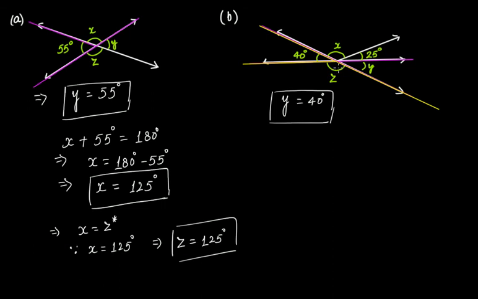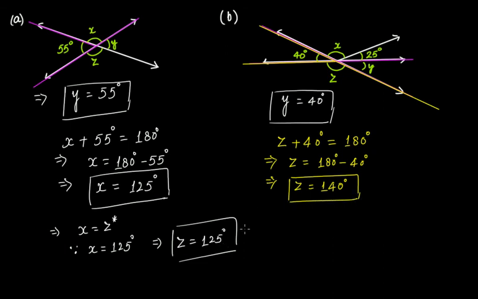Can you find that? This is the common arm. These two are two non-common arms. 40 degree and z are actually adjacent angles forming linear pair. That's why z plus 40 degree will be equal to 180 degree. Why? Because they are forming linear pair. That's why if you solve it, z will be equal to 180 degree minus 40 degree, and this will be z is equal to 140 degree.